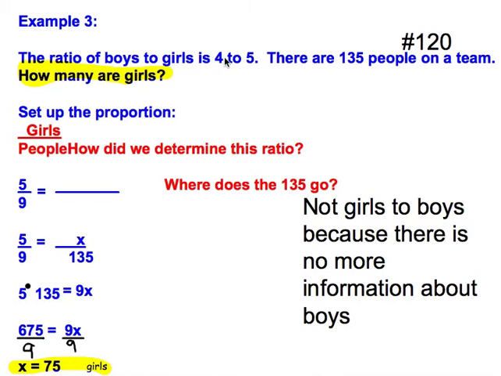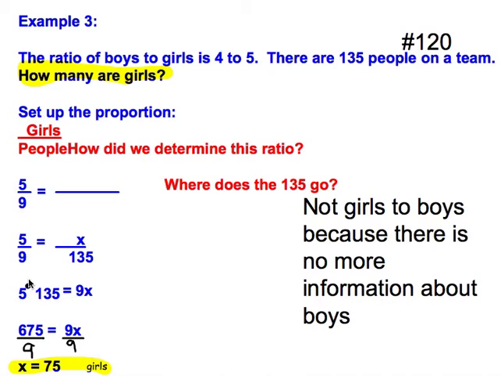So 9 people, 4 of them are boys, 5 of them are girls. In our original ratio, we're going to use the ratio of girls to people. So 5 girls to 9 people. And then the 135 is the people, so that goes on the bottom, and our x goes on top for girls.